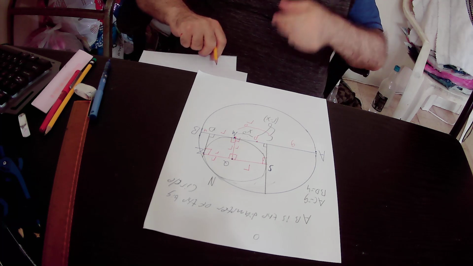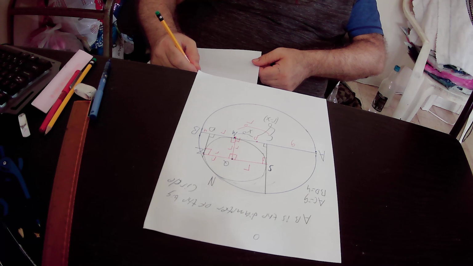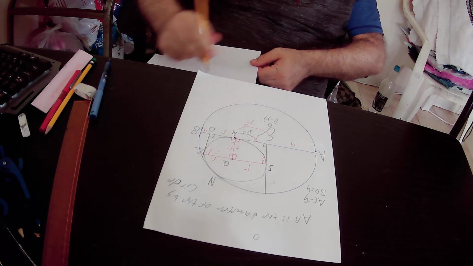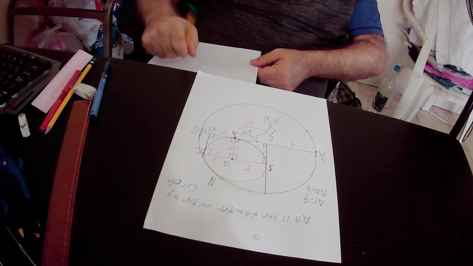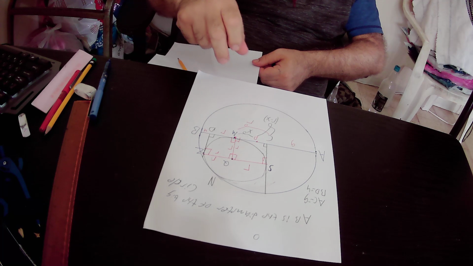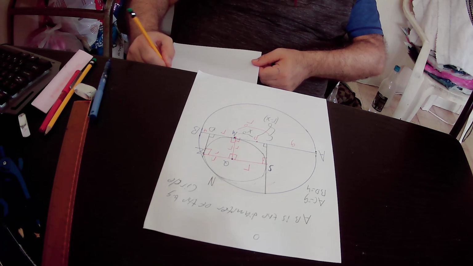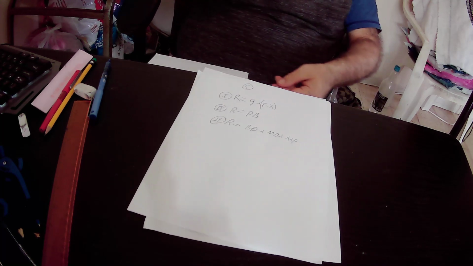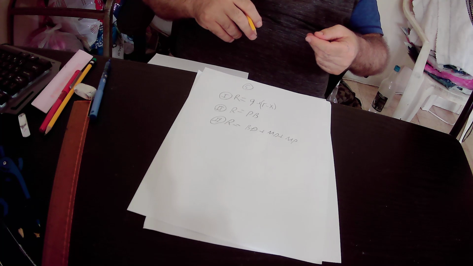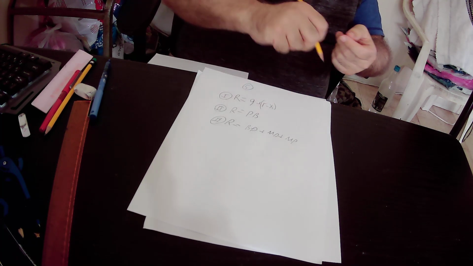Okay, PB equals BD plus MD plus MP. So the radius of the big circle equals PB, and PB equals BD plus MD plus MP.